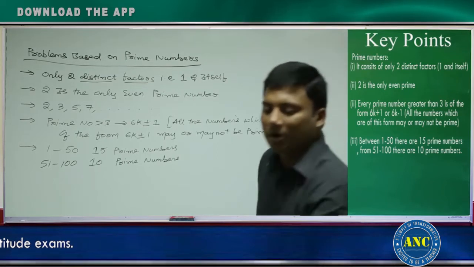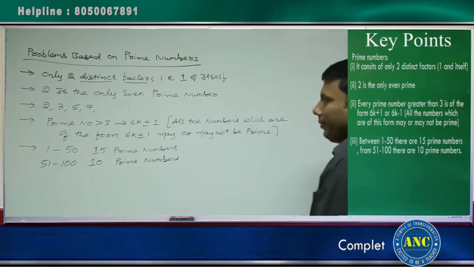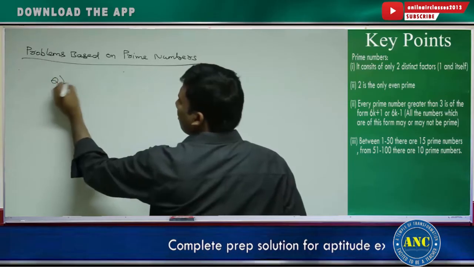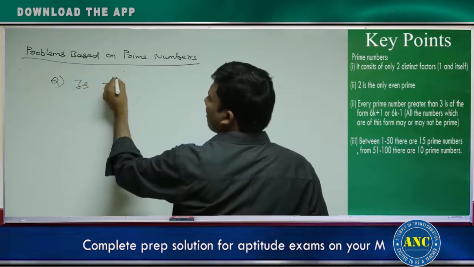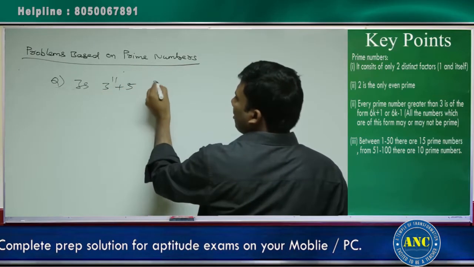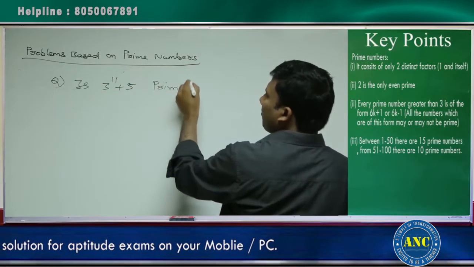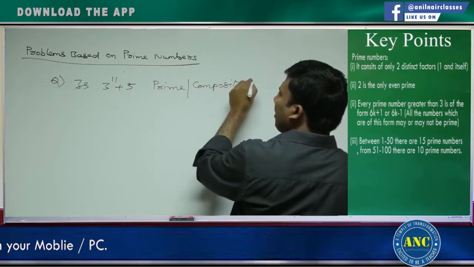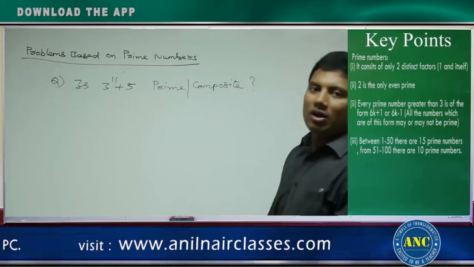Problems. First problem is: is 3 power 11 plus 5 prime or composite?